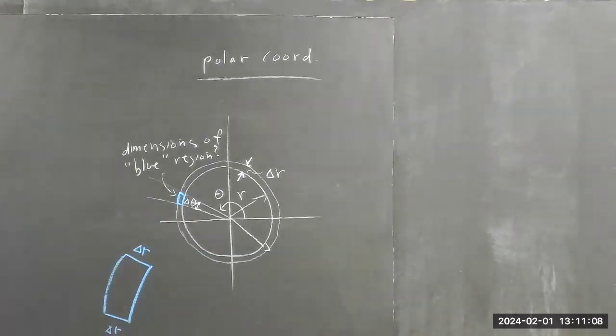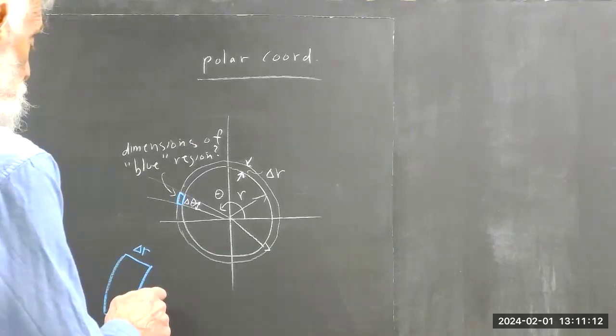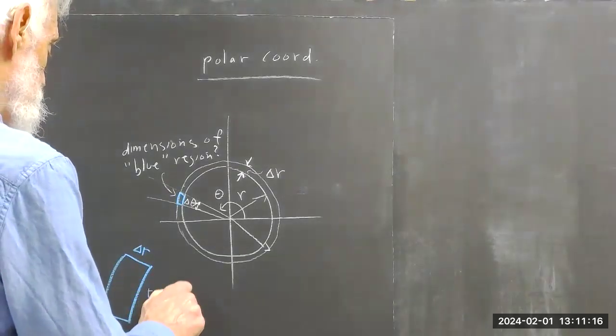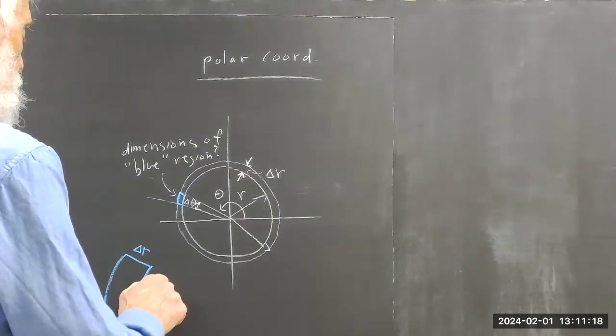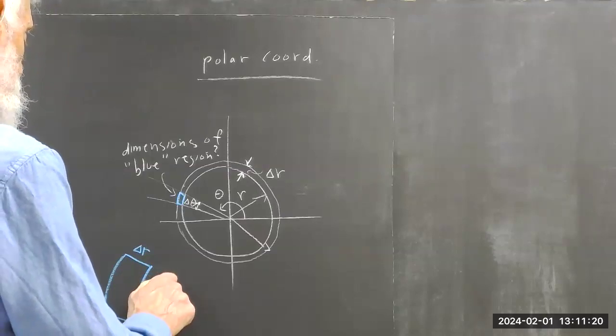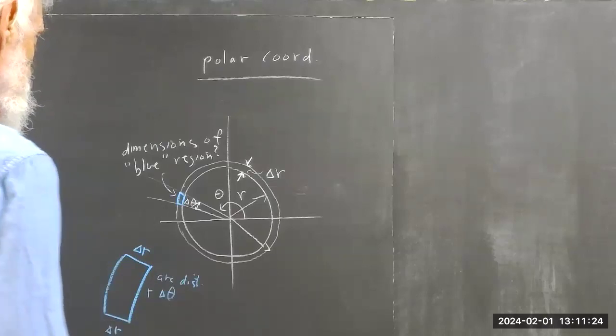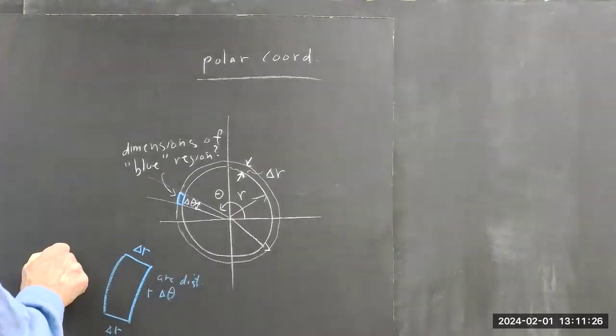So it needs to be second nature. You need to understand radians. So anyhow, this is r delta theta. What is it here?